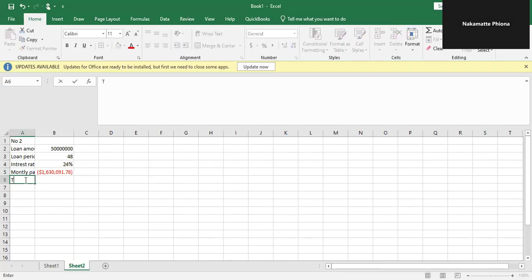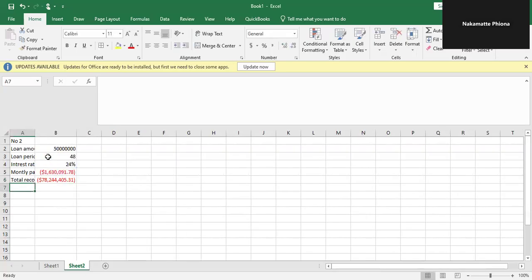Have total recoveries. Total recoveries, because this times the period. Have total interest.